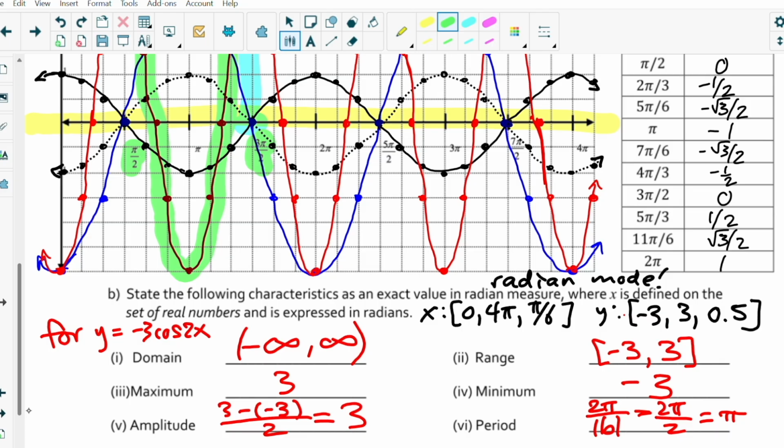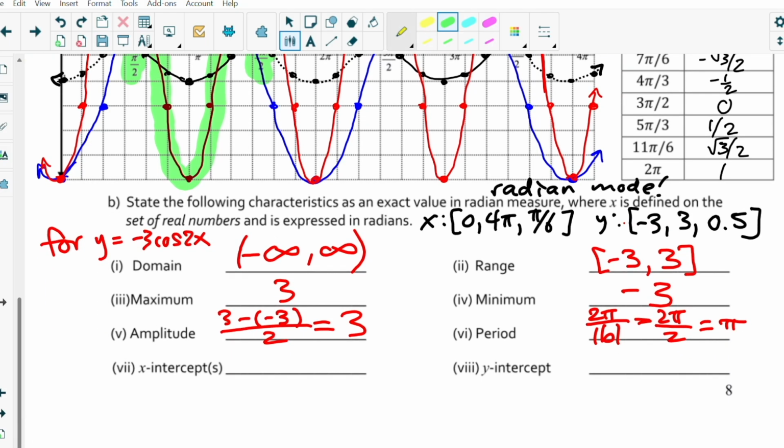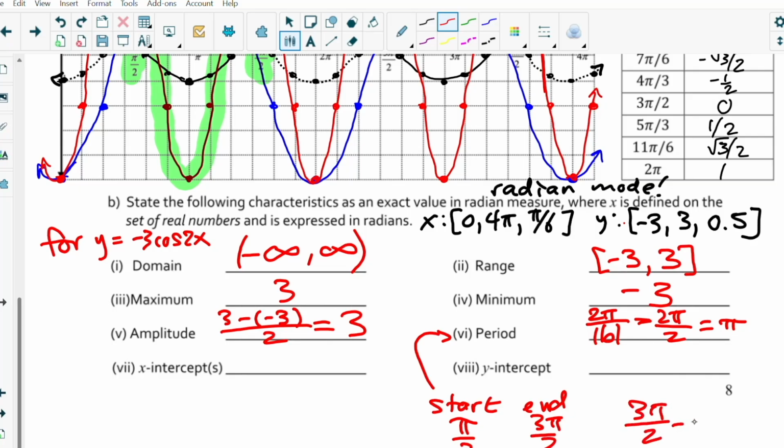Okay, is that a period of pi over 2? Well, is that a period of pi? So if I start at pi over 2, so this is for my period, folks. If I start at pi over 2 and I end at 3 pi over 2, so what's 3 pi over 2 minus pi over 2?